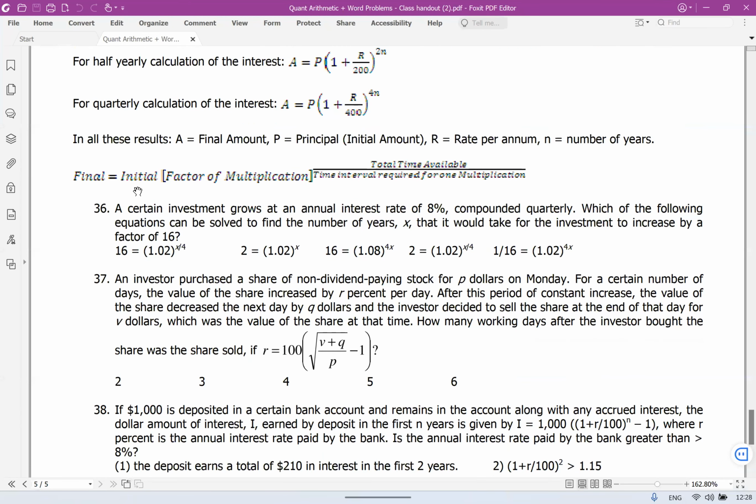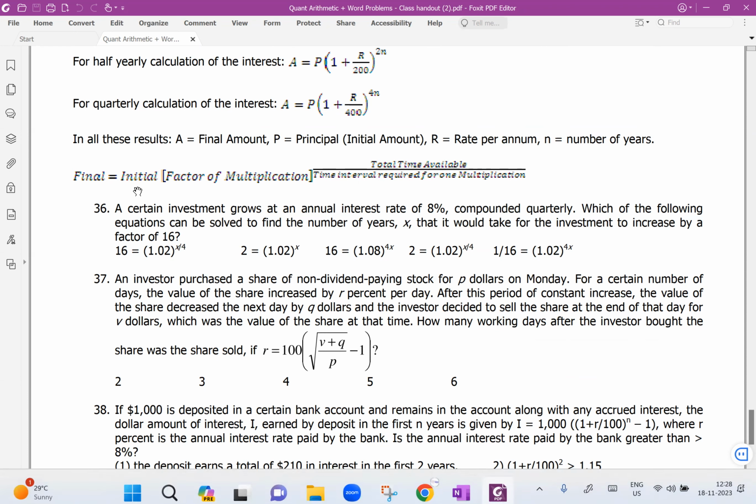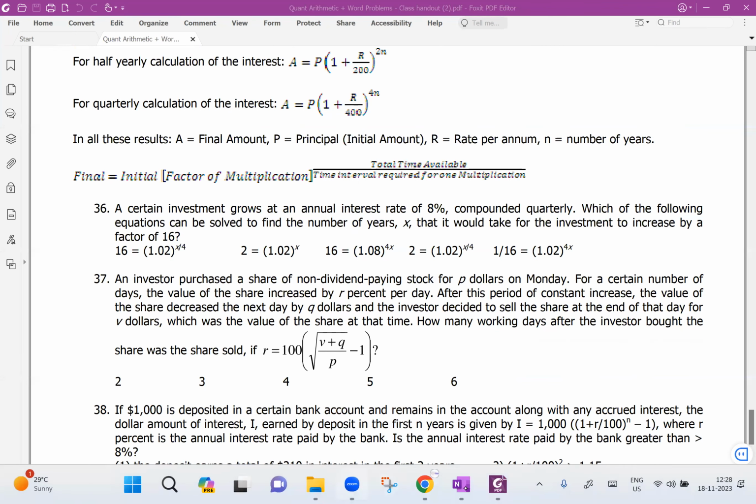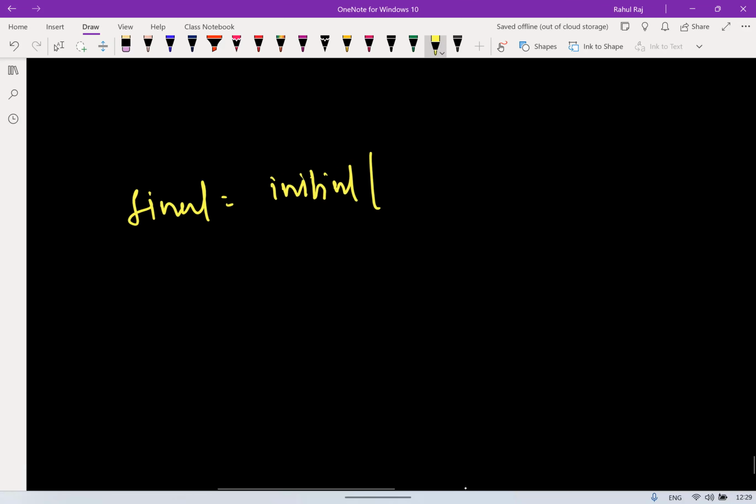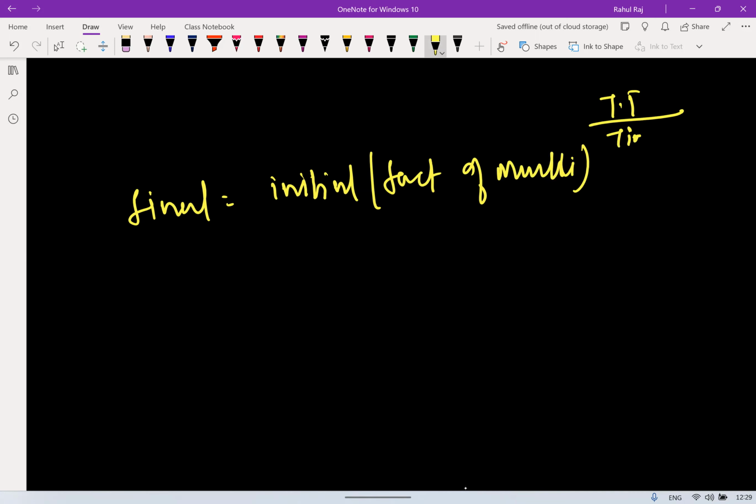Final is equal to initial into factor of multiplication over total time taken by time interval. It looks like a huge formula, but it's pretty simple. It says final is equal to initial into factor of multiplication to the power of total time taken by time interval. You need to understand when you should be using this formula.